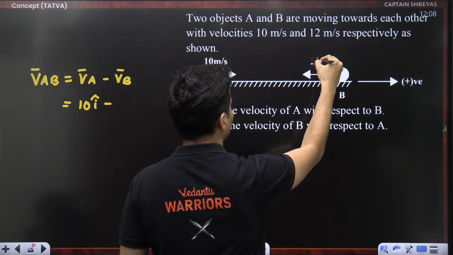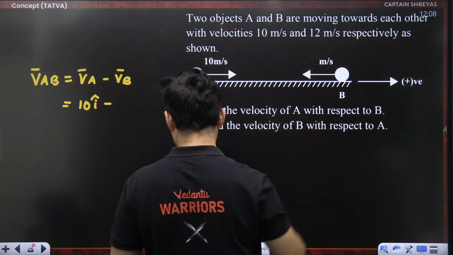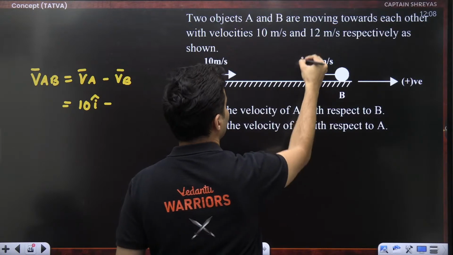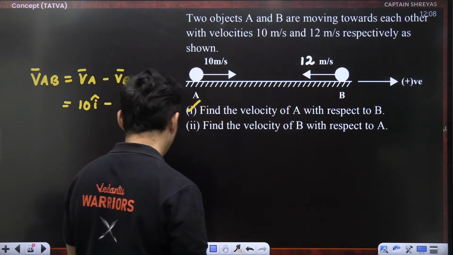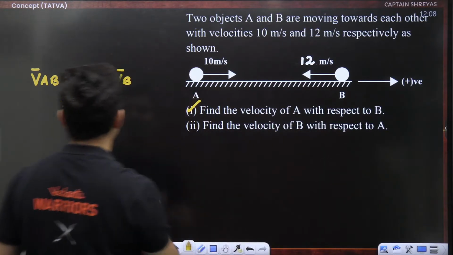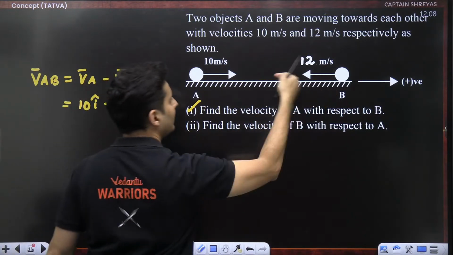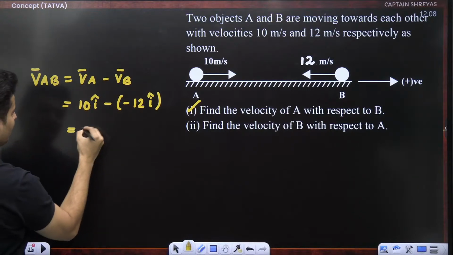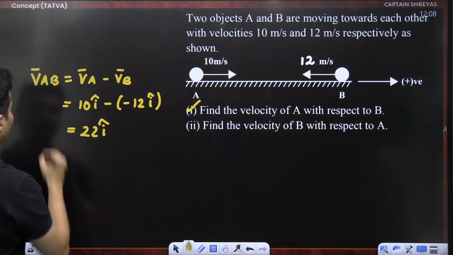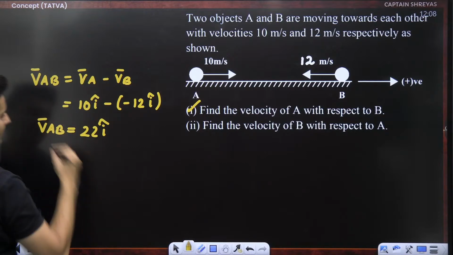I think this was 12. So this will become minus 12 I cap. Why minus 12? Because it is left side. So minus minus becomes plus, so it will become 22 I cap. So that is velocity of A with respect to B.